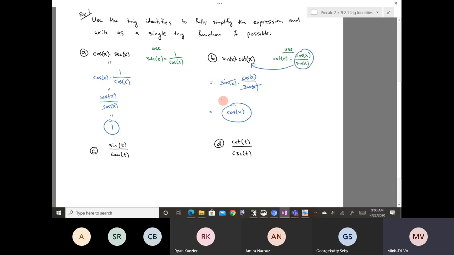This is as simplified as it can get. So we're saying that sine times cotangent is the same thing as cosine. Okay, so any questions on example B?